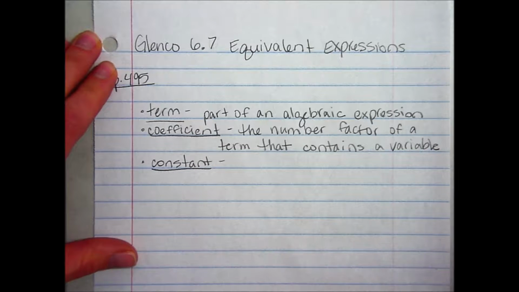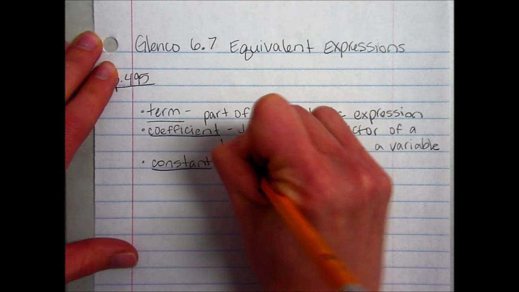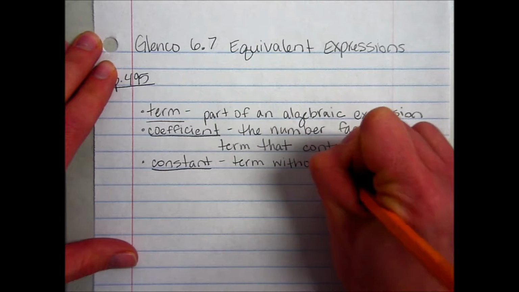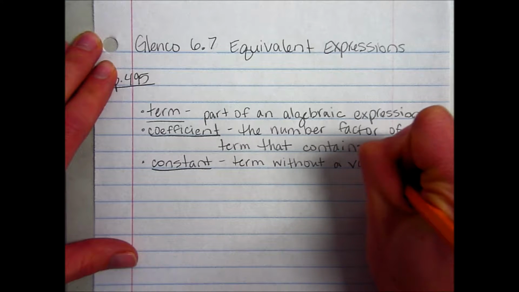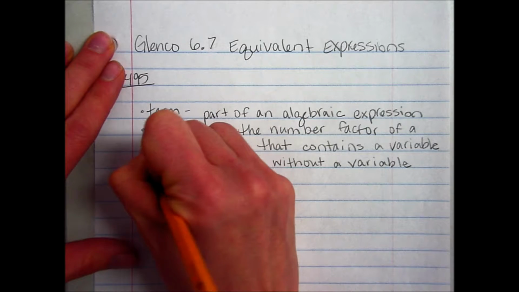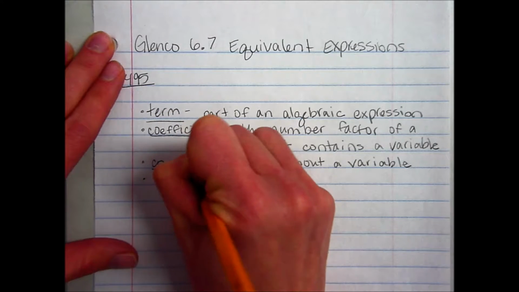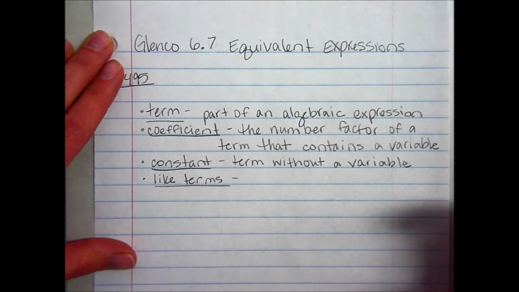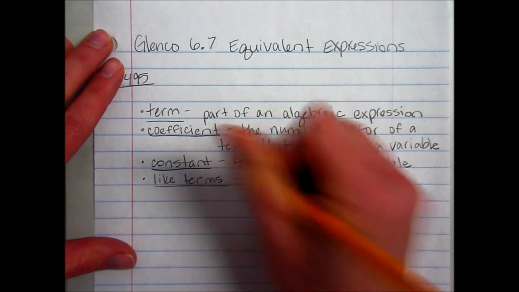A term without a variable is called a constant. And like terms will contain the same variables.